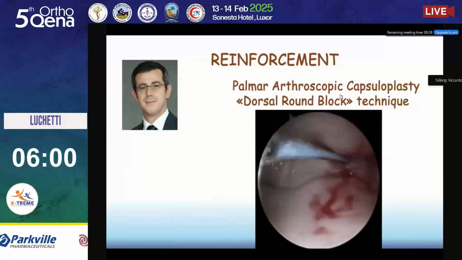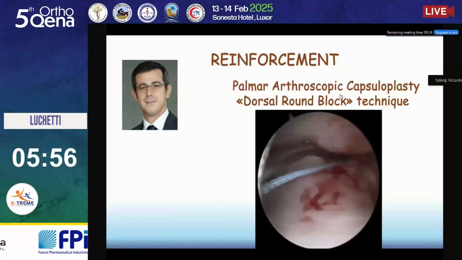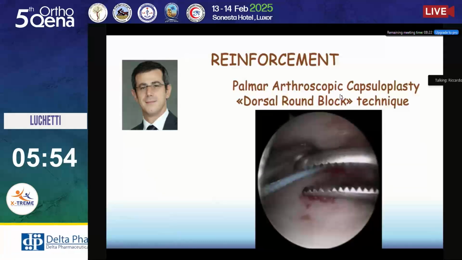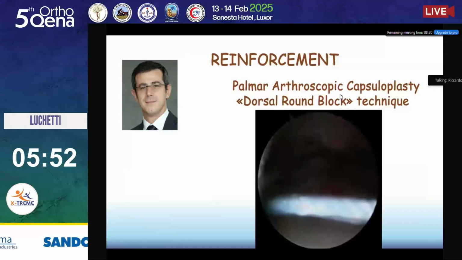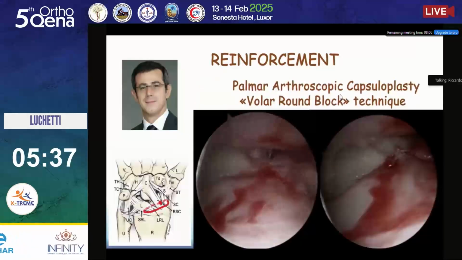You can perform also the dorsal round block as proposed by Andrea Zemirline. This is a fantastic technique. It was published recently by another colleague from Belgium. And for the volar side, we can use the technique of Del Piñal, that uses the reinforcement of the volar part of the capsule to the volar part of the scapholunate ligament, like proposed in this kind.